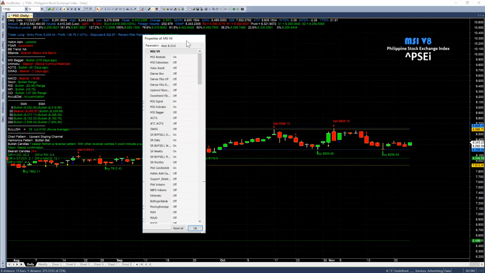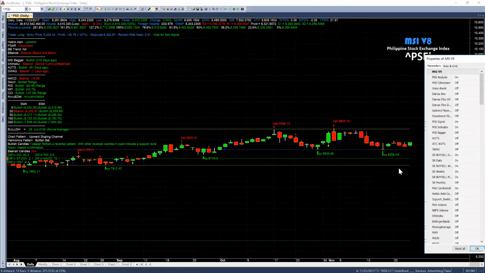So as you can see, meron tayong iba't ibang kulay ng lines dito. We have the blue lines representing the daily support and resistance. Then we have the green line. Ito yung monthly. And then the weekly will be the yellow lines.